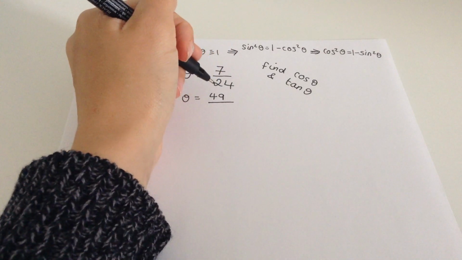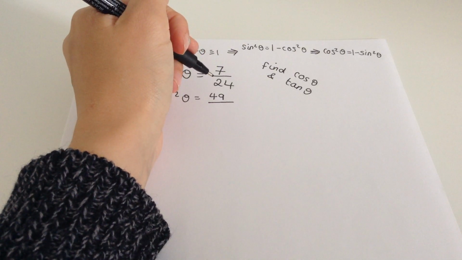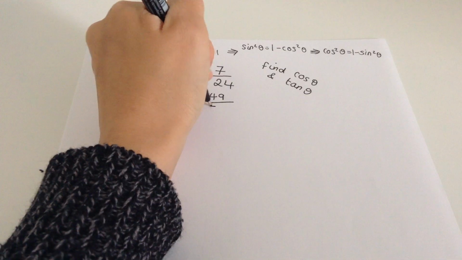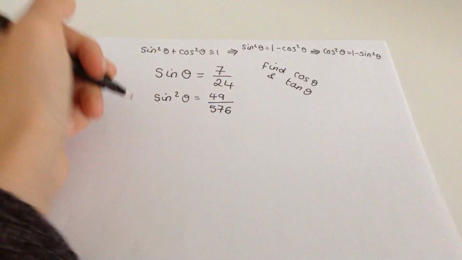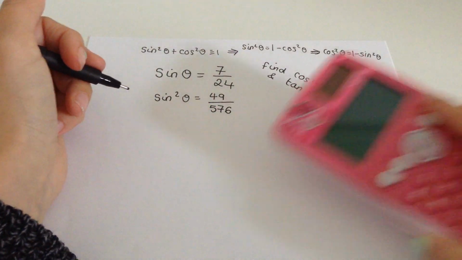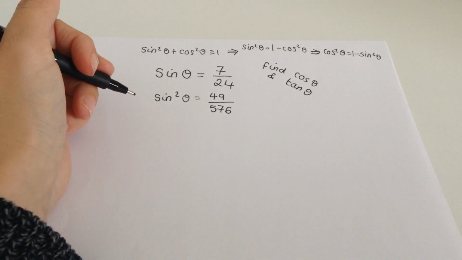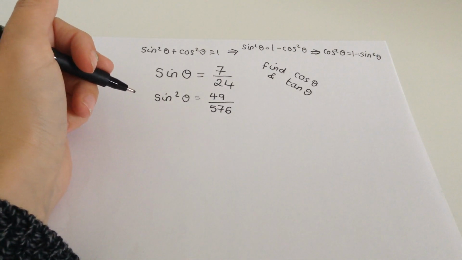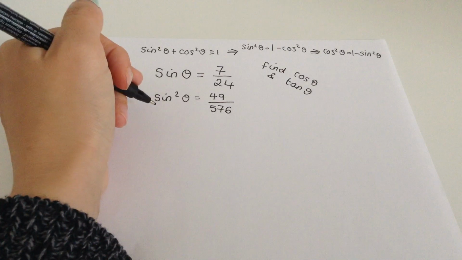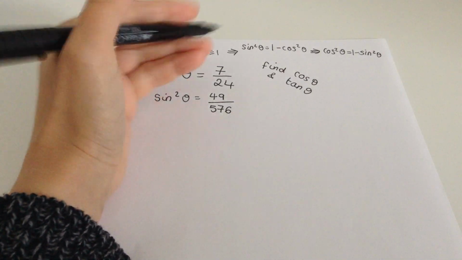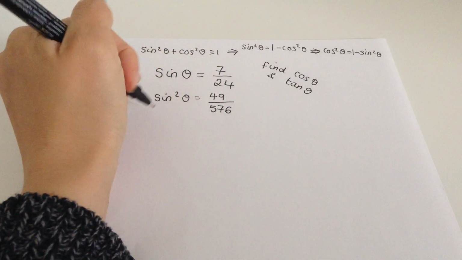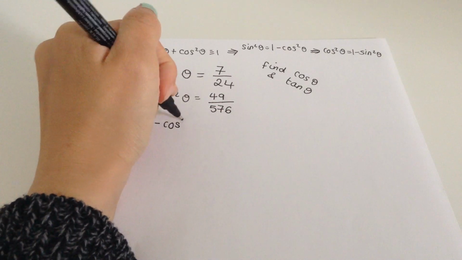24 squared, 400, 560, 576. I've got a calculator literally right next to me. That's correct. Woo! Then I know that sine squared is equal to 1 minus cos squared, so I change that into 1 minus cos squared.